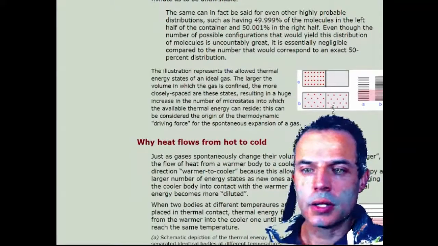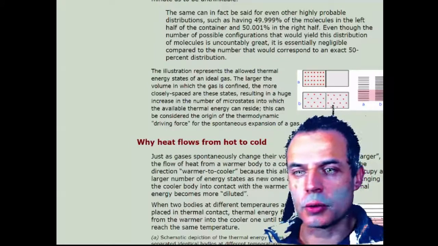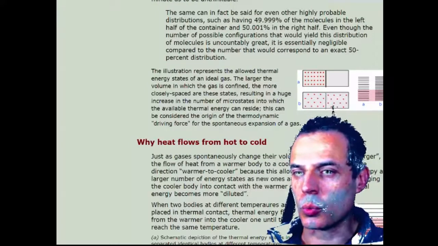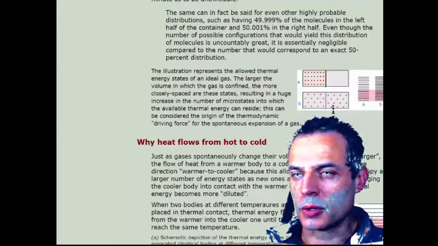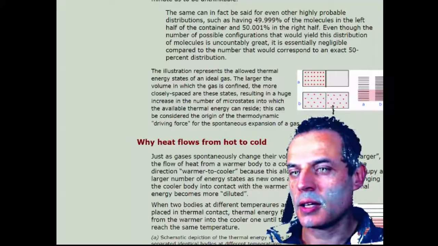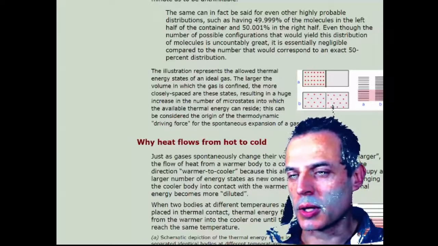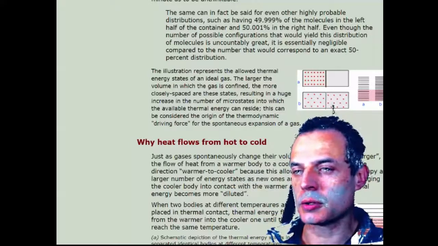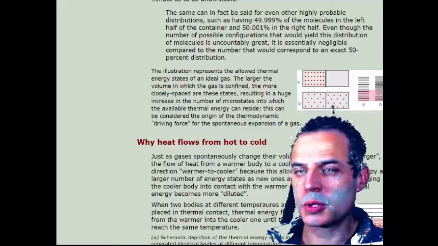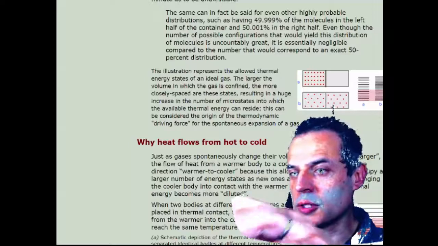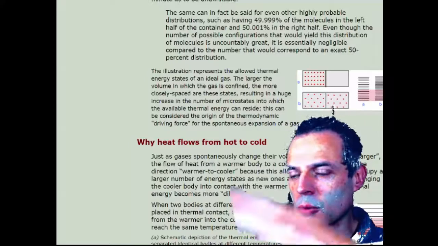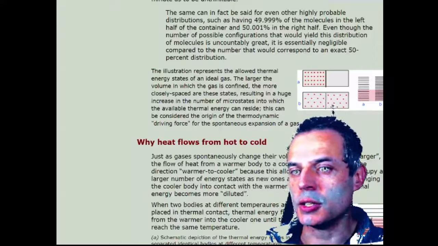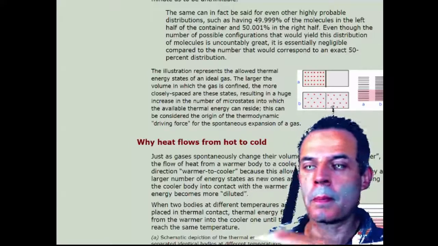So A and B: if we have state A where they're all on one side, then we have all of these potential states in here. If we have B where they're allowed to go into both sides, then there are more potential states because they can be in more positions. So we have more ways of distributing the energy, which manifests itself in this diagram as the energy states being closer together.